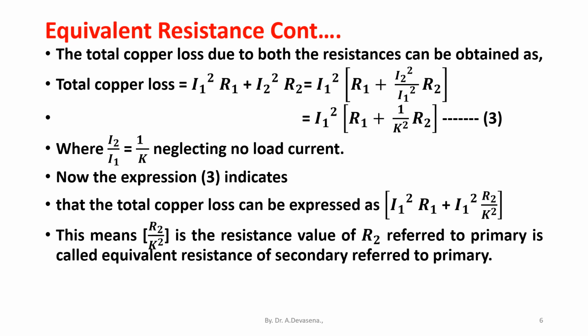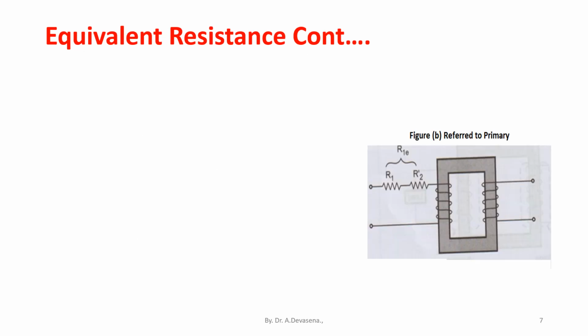This value is denoted as R2 dash. R2 dash is equal to R2 by K square. Consider this as equation 4.